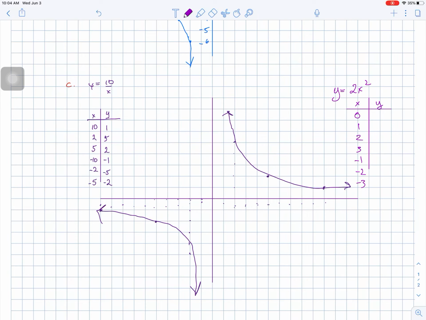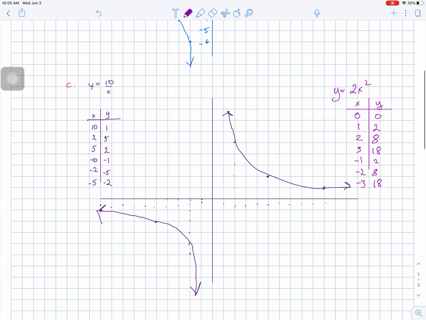When we put 0 in there, we get 0. When we put 1 in there, we get 2. When we put 2 in, we get 8. When we put 3 in, you see how fast that's going to climb. That's 9, 18. And then our numbers are going to be the same again, 2, 8, and 18.